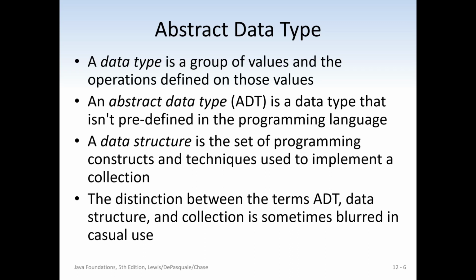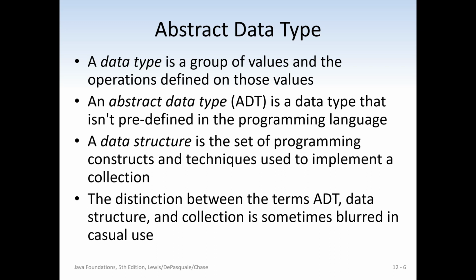And then the data structure itself is the set of programming constructs and techniques that are used to implement the collection. So the ADT is sort of like the interface to the data structure, and then the data structure itself is the implementation, and you don't care how it's implemented underneath as long as you know how to use the ADT.